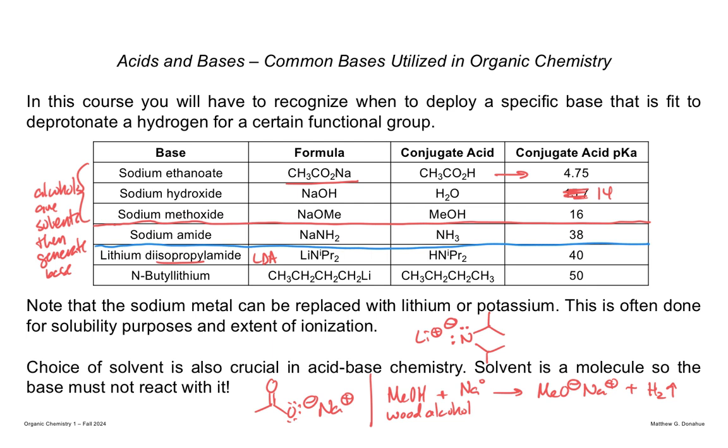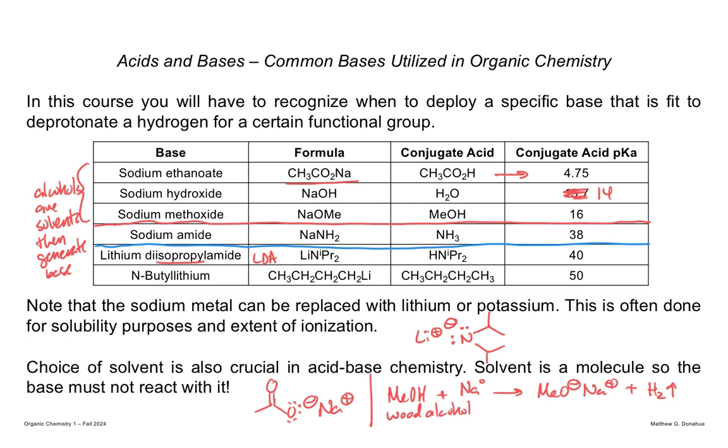And so there's 2 of those groups. Di means 2, isopropyl is that. So its conjugate acid is diisopropylamine, and that pKa is 40. So again, the larger that pKa number, that means it's a weak acid, but its conjugate base is very strong.